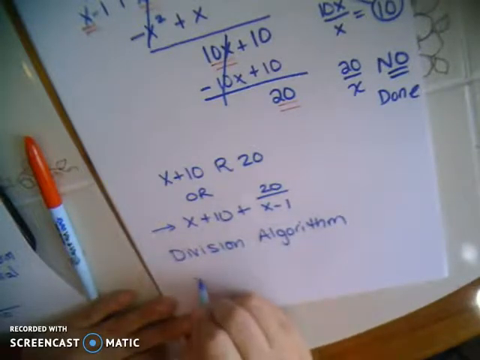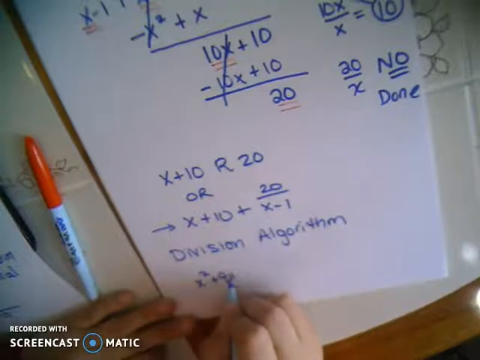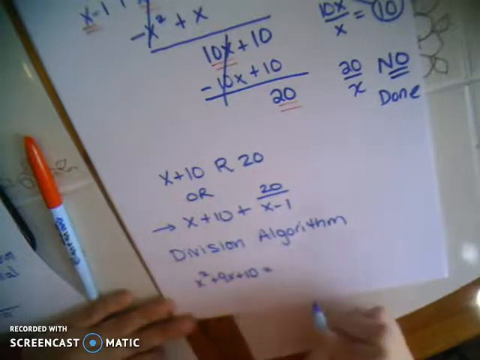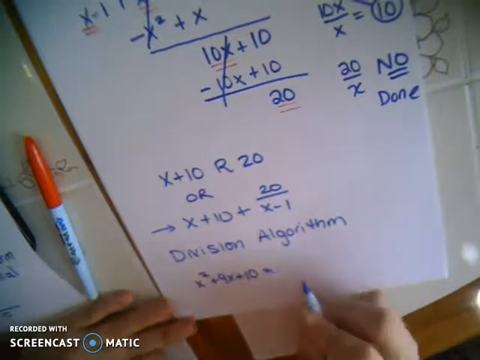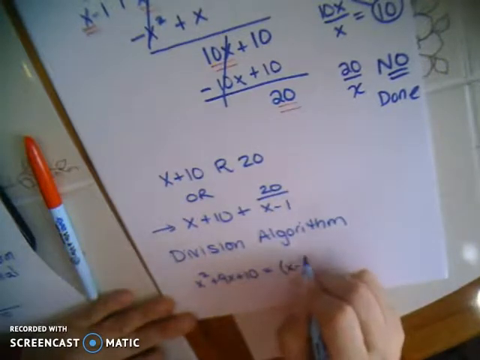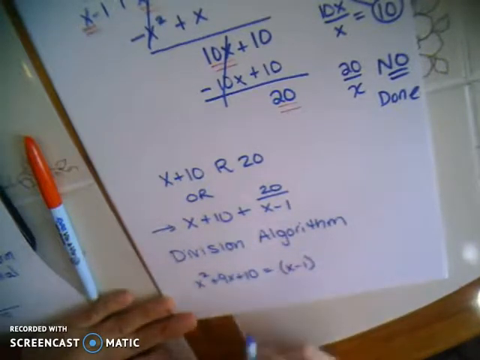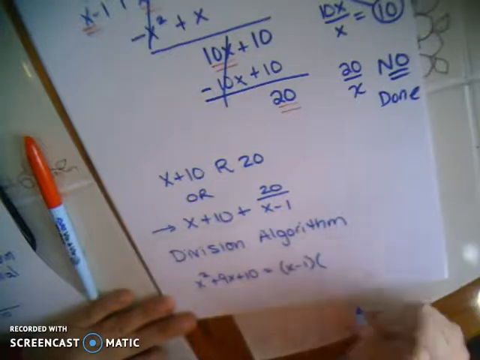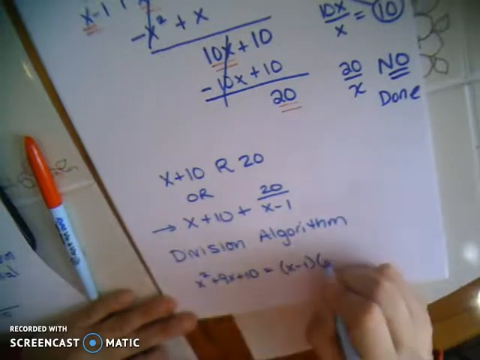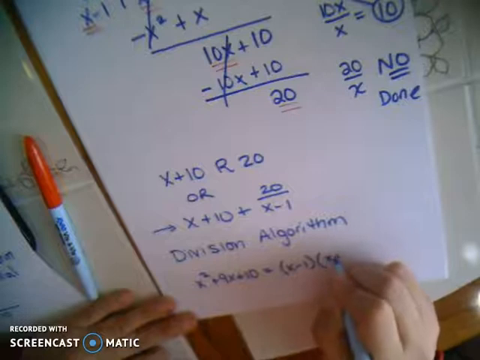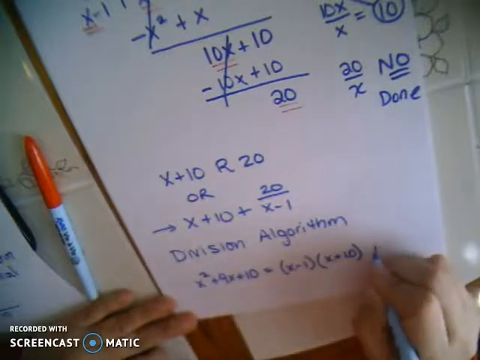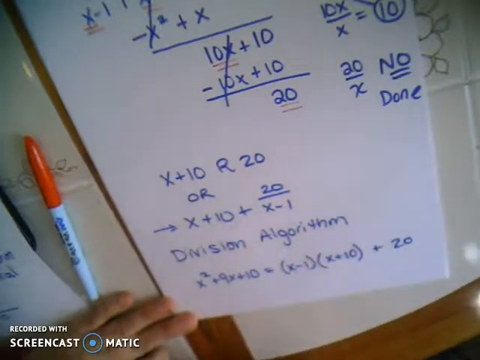My original polynomial, x squared plus 9x plus 10, is equal to x minus 1 times, there's x plus 10, and then we have to add 20 more in, which was our remainder.